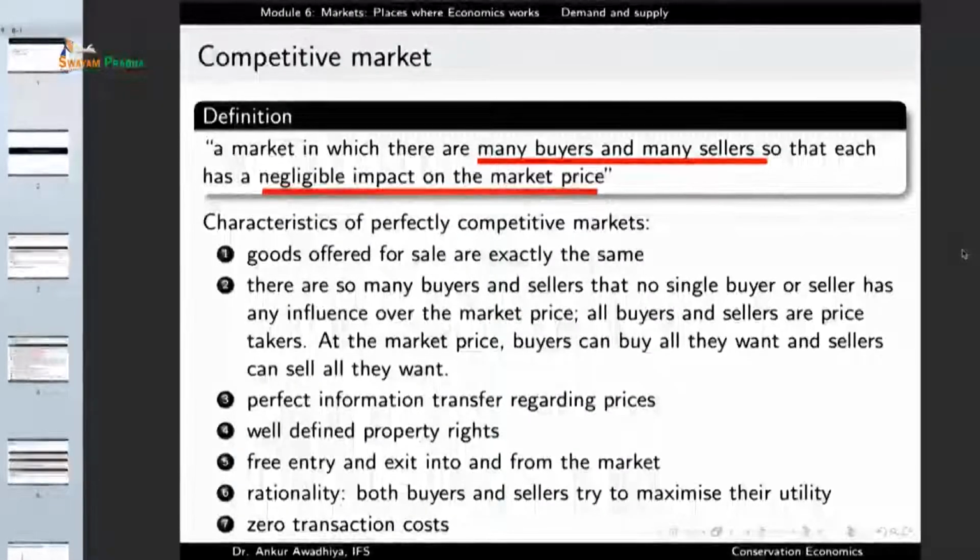Now, other characteristics of perfectly competitive markets include goods that are offered for sale being exactly the same. Say you have a market for food grains, and there is one seller selling a good quality food grain, and all the other sellers are selling a bad quality food grain.